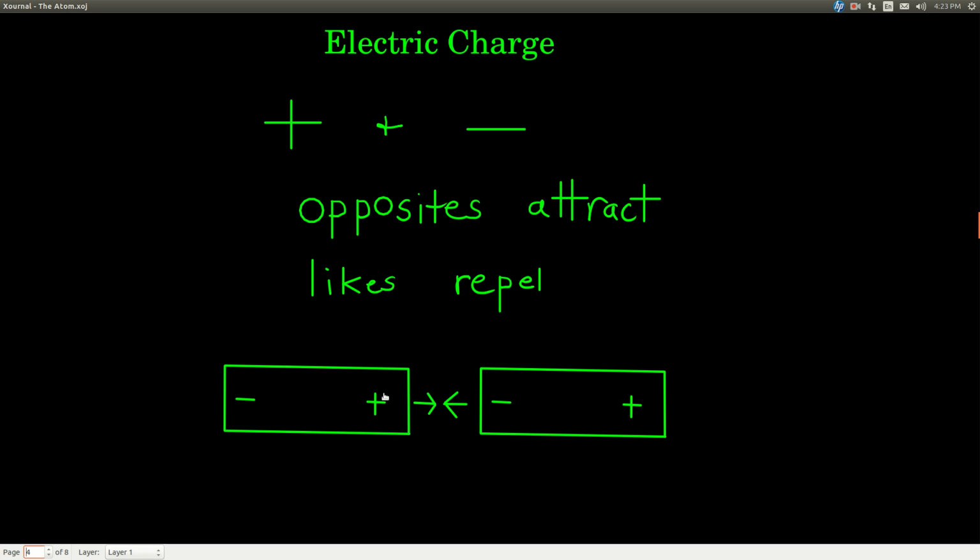So these are bar magnets with opposite poles, or like opposite charges with electric charge. They would attract each other. So a positive electric charge and a negative electric charge would attract each other. But a negative and a negative would repel, and so would positive and positive.